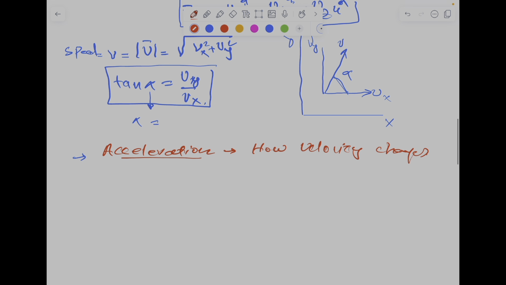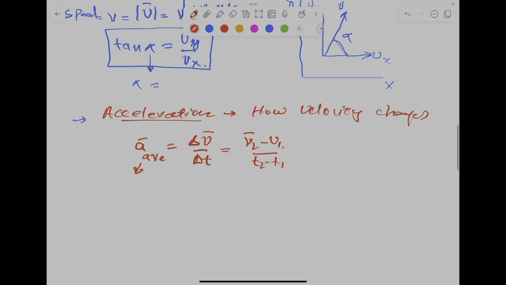The average acceleration vector is defined as the rate of change of the velocity vector, which is nothing but (v2 minus v1) over (t2 minus t1).